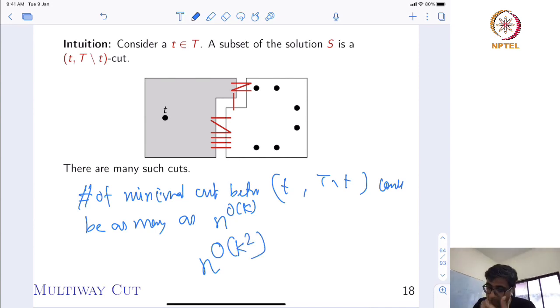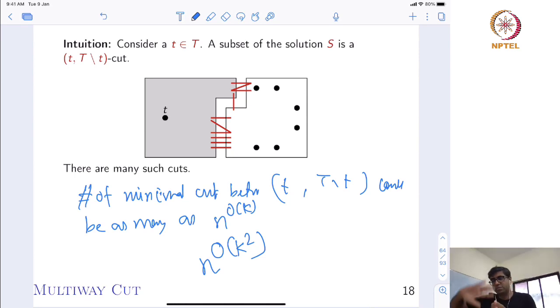We know that my optimum solution contains a minimum cut between T and T minus T. So a natural algorithm will be to enumerate a minimal cut between T and T minus T of size at most k, delete this, and recursively try to disconnect every other terminal, because after this some set of terminals have gone into their own components, and some set of terminals still need to be separated.